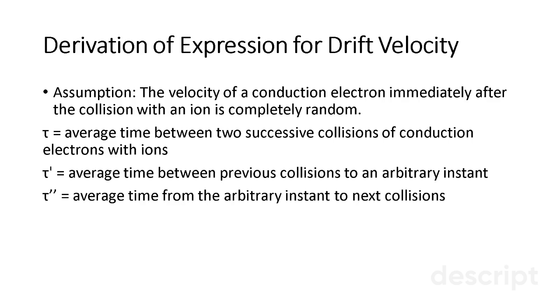Tau prime is the average time between previous collisions of conduction electrons with ions and an arbitrary time instant. Tau double prime is the average time between the arbitrary time instant and the next collisions of conduction electrons with ions. You can choose any arbitrary time instant at which you want to find drift velocity.